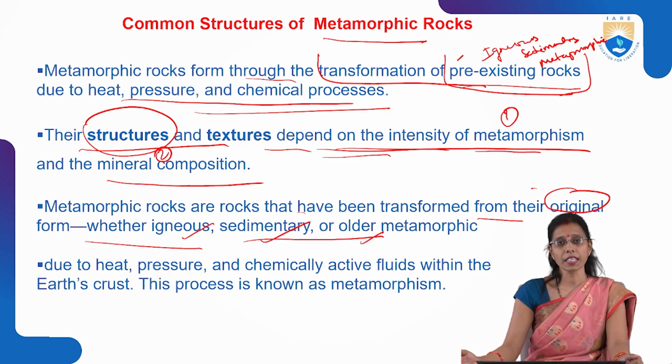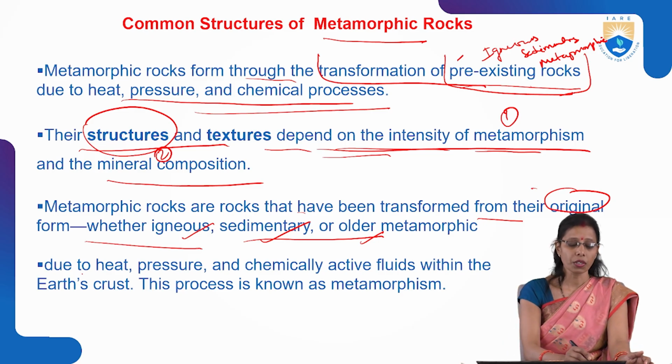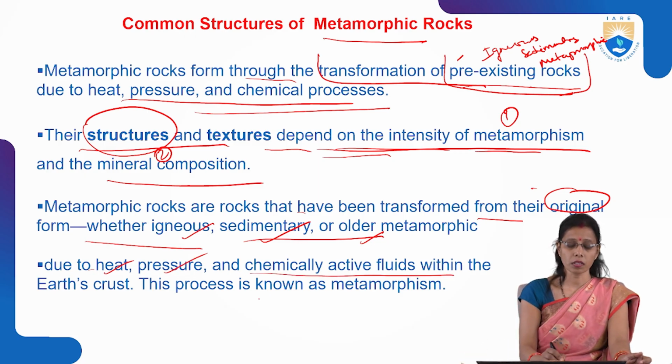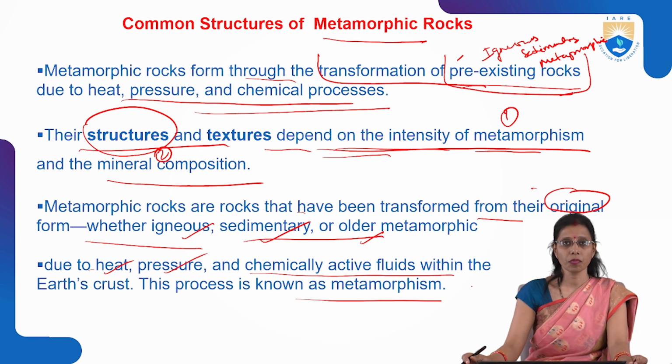These three types of rock can again form metamorphic rock, due to heat, pressure, and chemically active fluids within the earth's crust. This process is known as metamorphism. Metamorphism is basically the whole process when an older rock transforms into a newer rock.